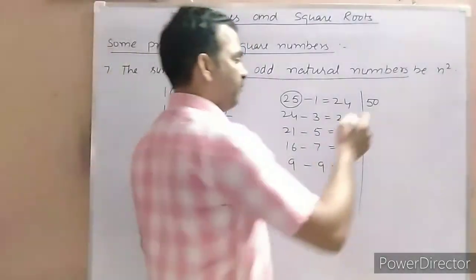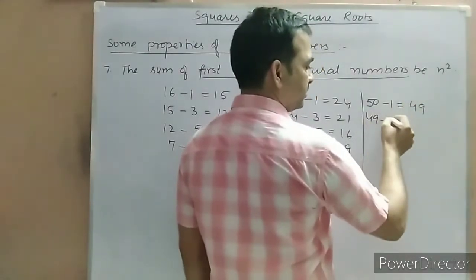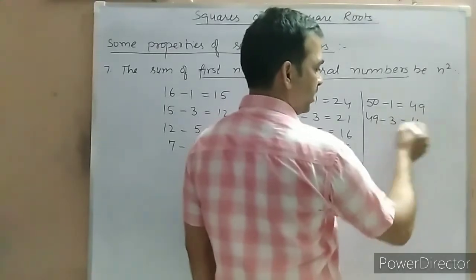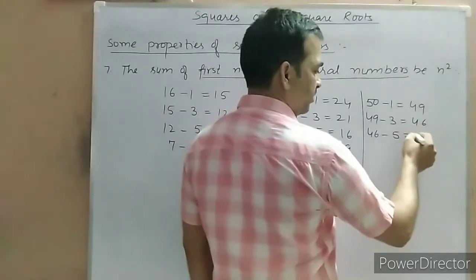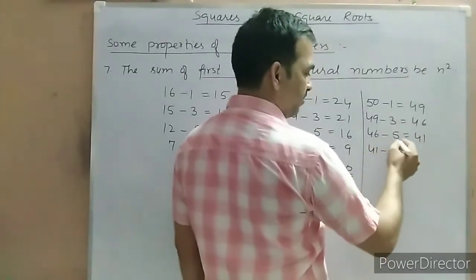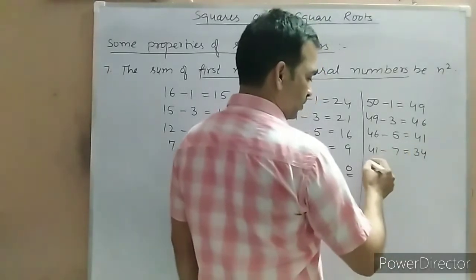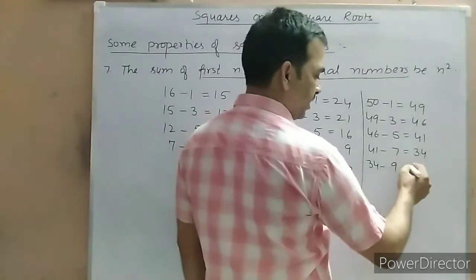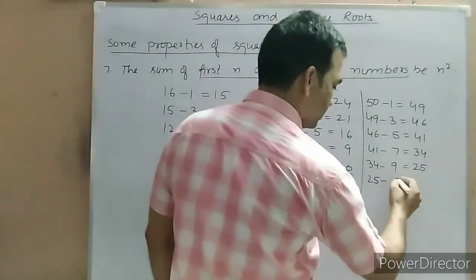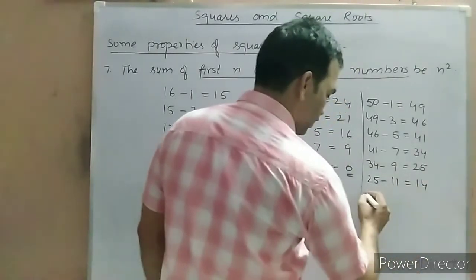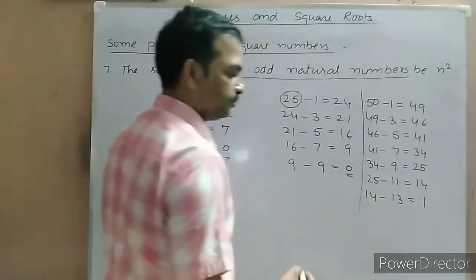Let me check. 50 minus 1 is equal to 49. 49 minus 3 is equal to 46. 46 minus 5 is equal to 41. 41 minus 7 is equal to 34. 34 minus 9 is equal to 25. 25 minus 11 is 14, and 14 minus the next odd number, 13, we get 1.